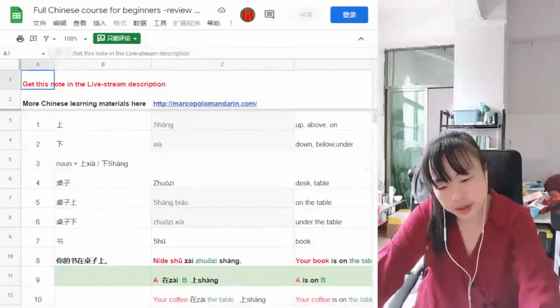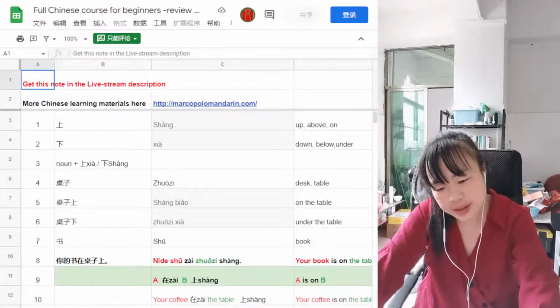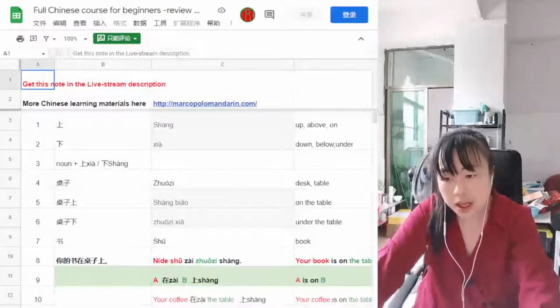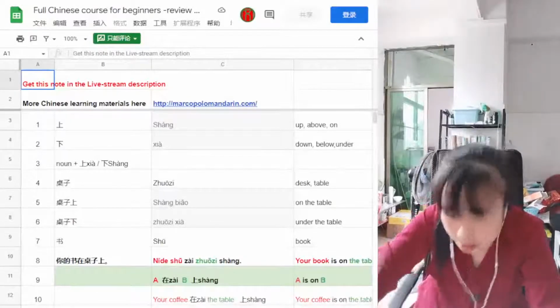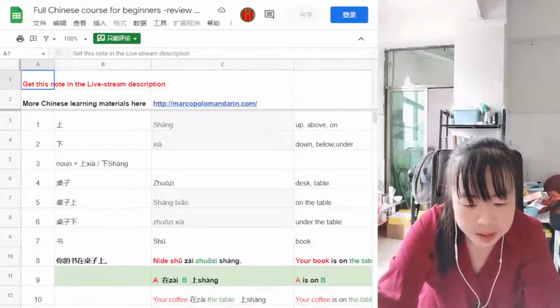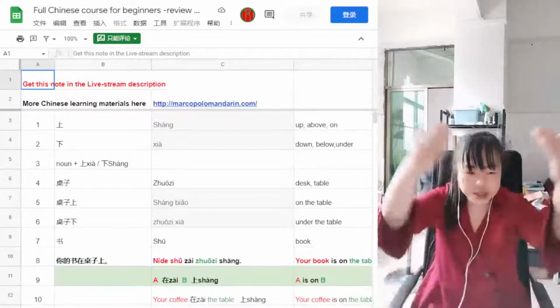Guilin North. Yeah, we will say the location first and then go to the direction. And if you go to Beijing, you probably will also go to Beijing Xi, which is a big train station in Beijing.